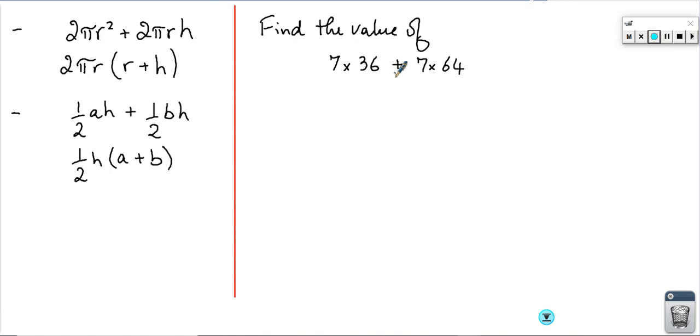But looking well at this problem, I notice that 7 is a common factor. Taking out 7 as a common factor, I'm left with 36 plus 64. 36 plus 64 is 100. So that's 7 multiplied by 100. And 7 times 100 is 700. Look at how simple the problem becomes. It would have been much more difficult if we had to multiply first and then add. This is a problem which usually comes out during your mental paper. So please be careful, pay attention to this problem.